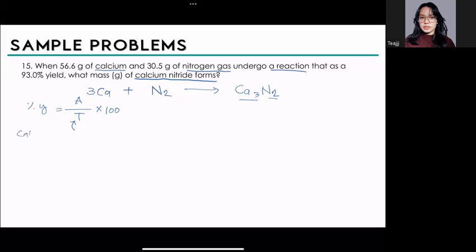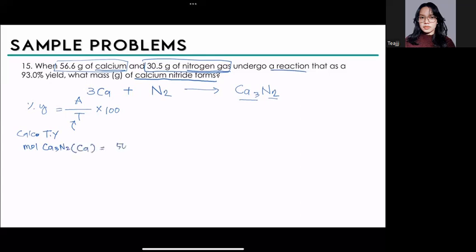Now to calculate for theoretical yield, or Ty, or just T, you have to, surprise, this is a limiting reagent or limiting reactant problem. How did I know that? We are given the masses of our reactants. So, kailangan natin i-compare muna yung mga reactants natin to know which one is the limiting reactant. So, let's first solve for the moles of calcium nitride na galing sa calcium.